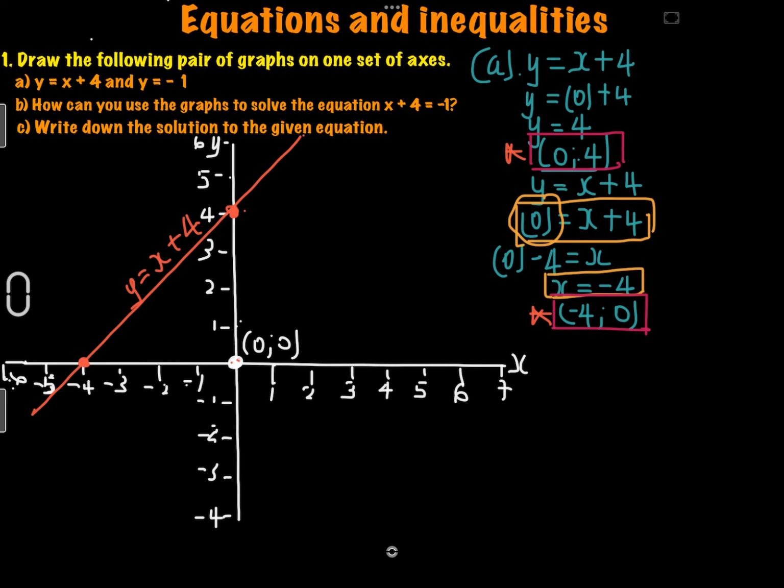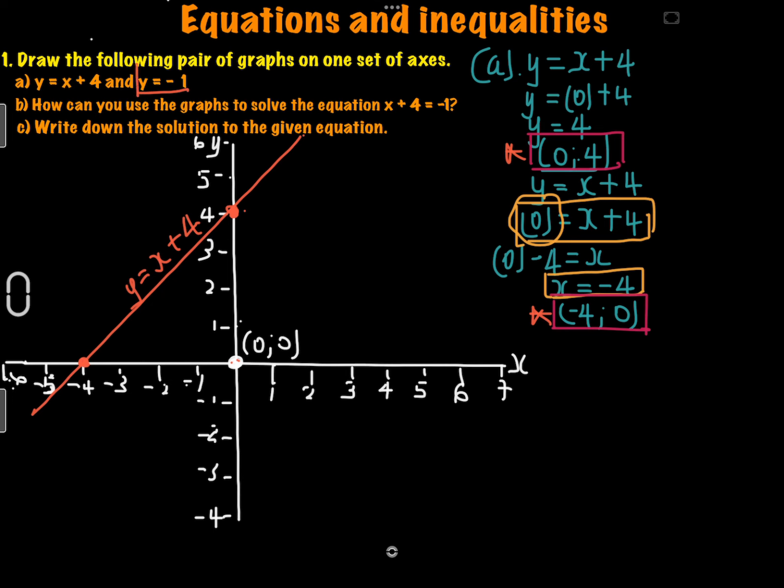Now, we are also asked to draw the pair of graphs on the same axes when y is equal to negative 1. So in this case, we are not given x, we don't have x.